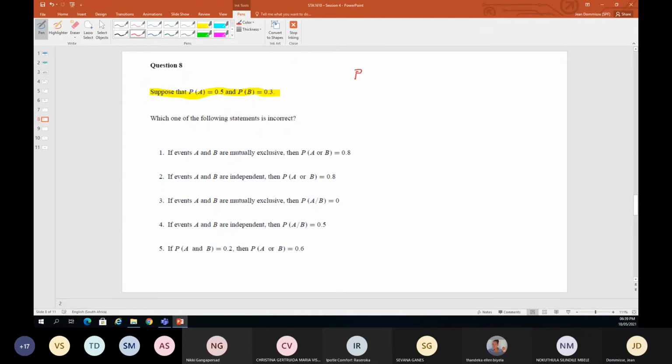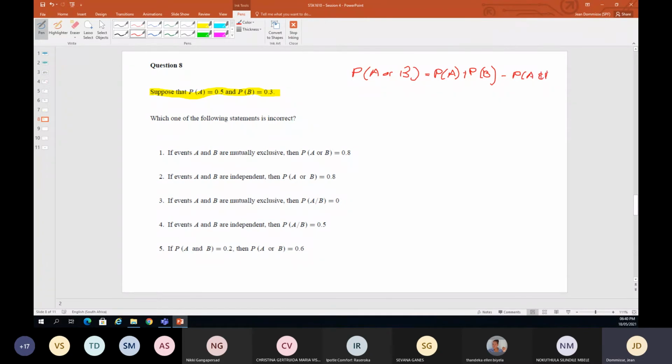So let's rather start with the formula for probability A or B. It is basically probability of A plus probability of B minus the probability of A and B.